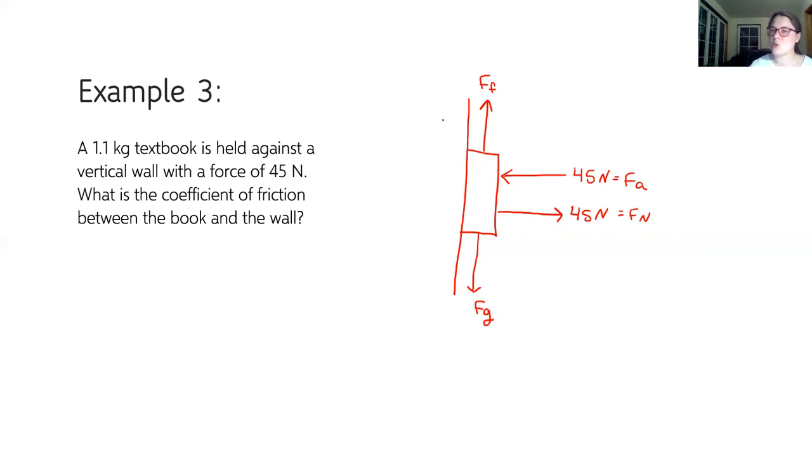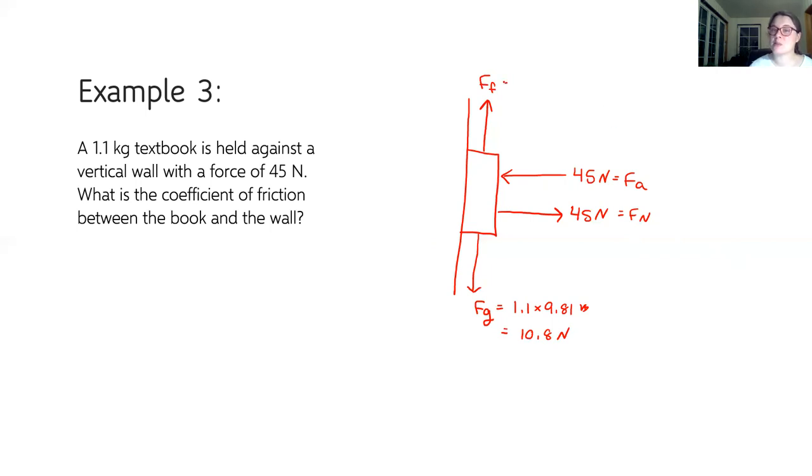That's where this question makes you think a little harder. So what is the force due to gravity? Well, the force due to gravity is going to be 1.1 times 9.81, and that leaves us with 10.8 newtons.